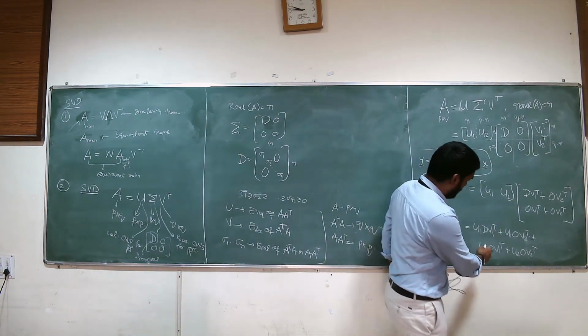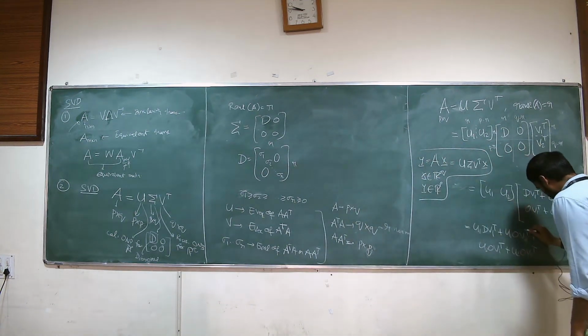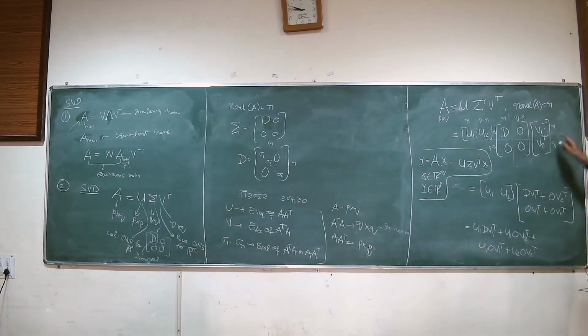Now let's try and understand what's happening here. If you multiply here by x, then the x would appear in each of these terms. This is V transpose of an orthogonal matrix, which means it's V inverse.